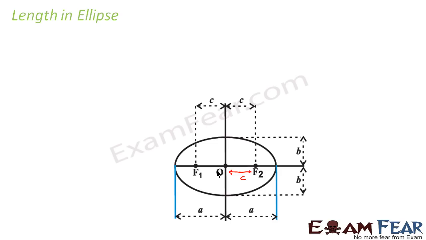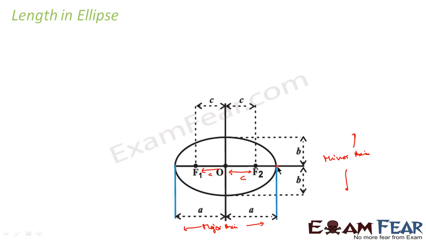Also, both are C because this is symmetric. Also, the length of the major axis is 2a. This is the major axis. This is 2a. Similarly, for the minor axis, this is 2b.